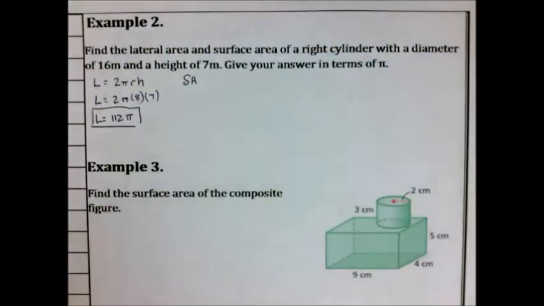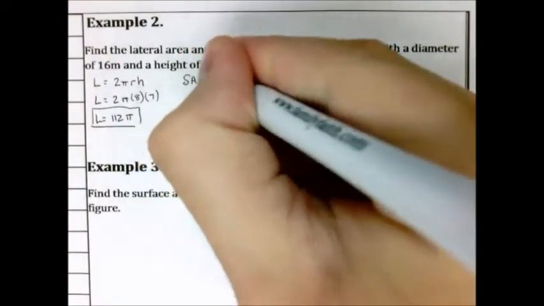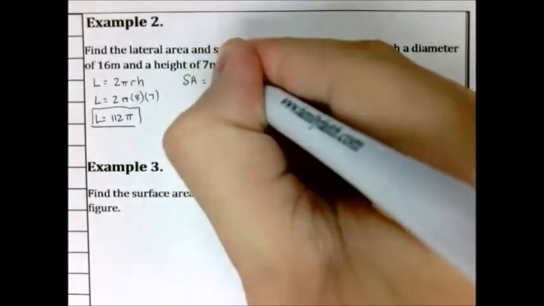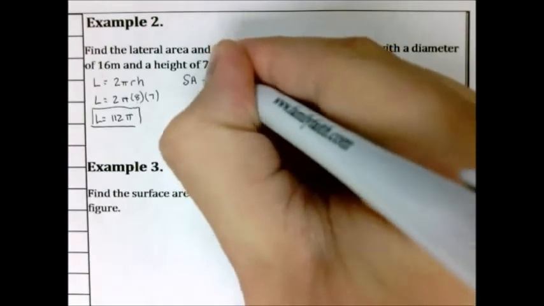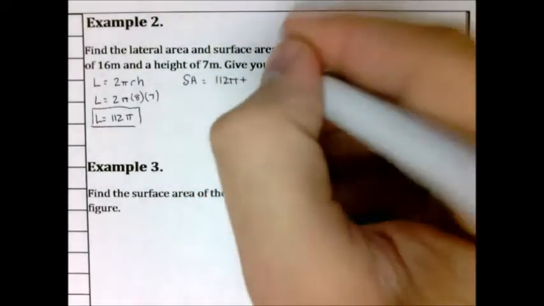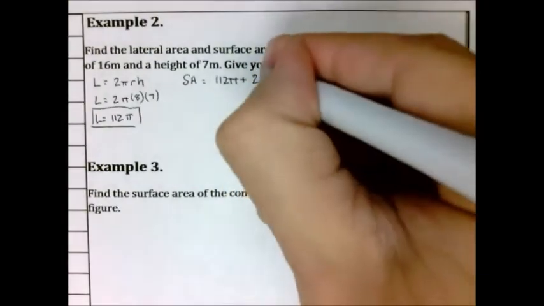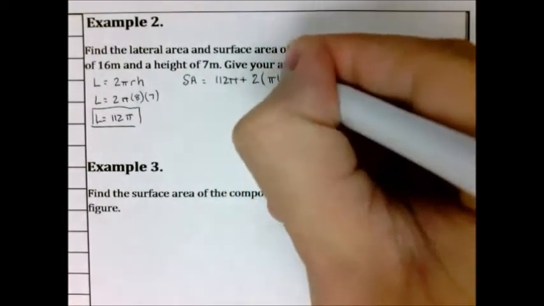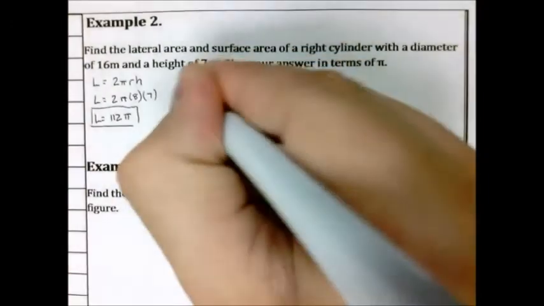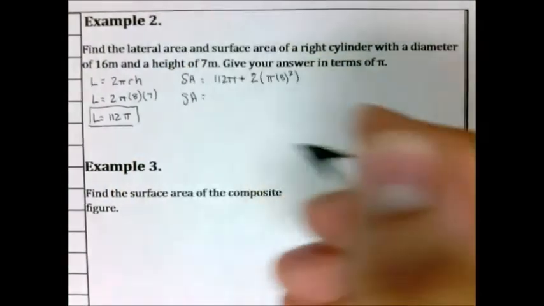We can find the surface area now, because we know that the surface area is just our lateral area, 112 pi, plus 2 times our base area. Okay, and remember our base area is going to be pi r squared, which again is 8 squared. All right, now we're just solving this. This is just algebra.